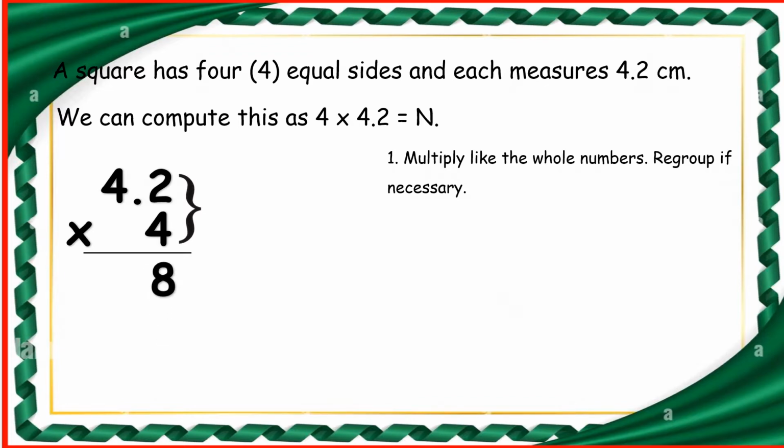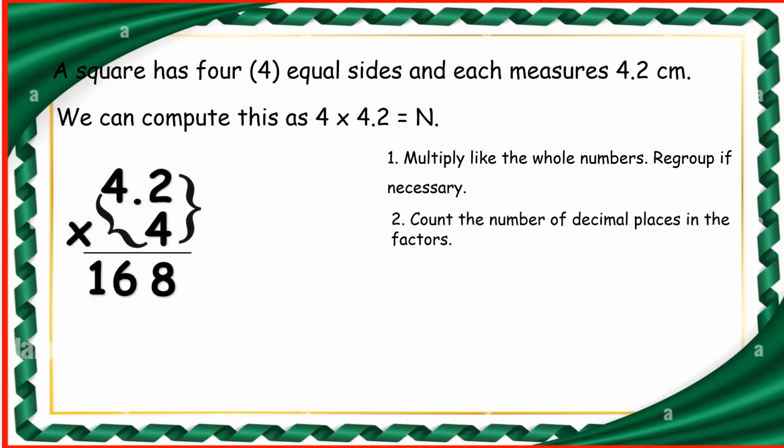The answer is 8. Then 4 times 4. The answer is 16. Count the number of decimal places in the factors. So 4.2 has 1 decimal place, and 4 has 0 decimal places.